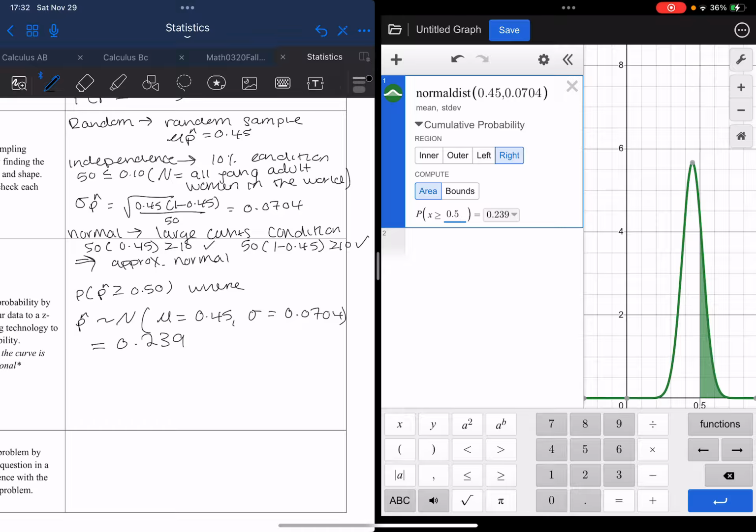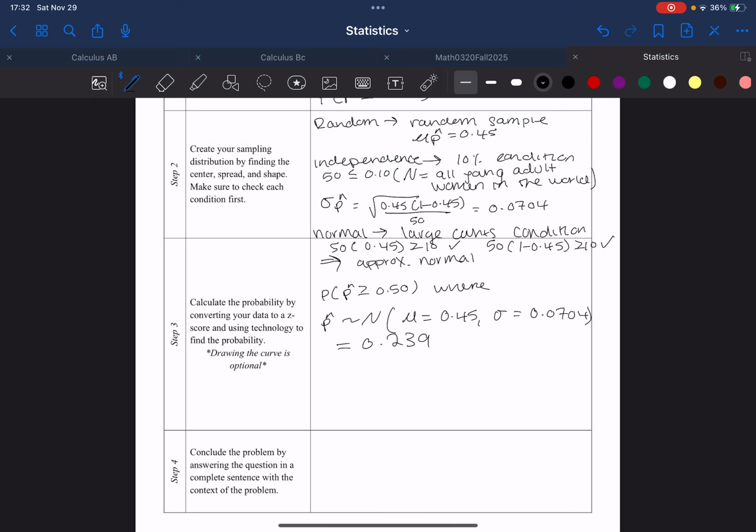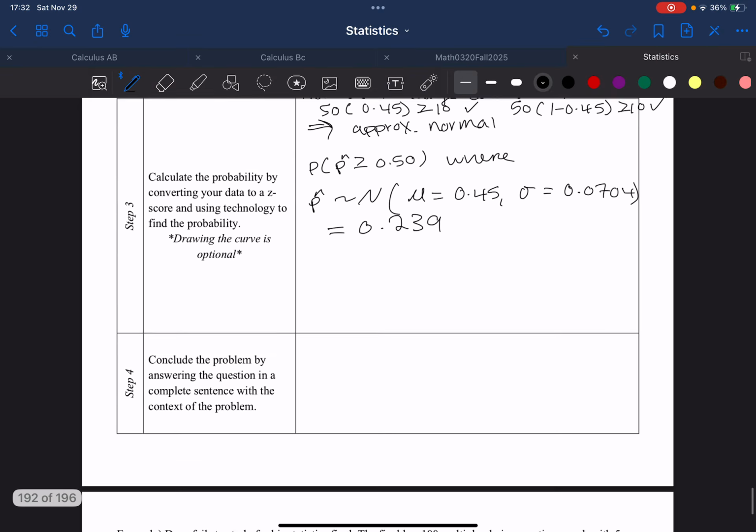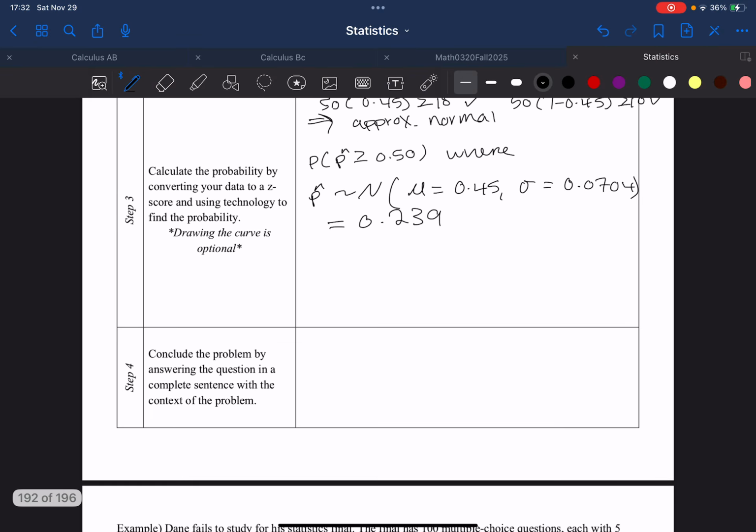And then the very last part is the conclusion, so we need to write our sentence.